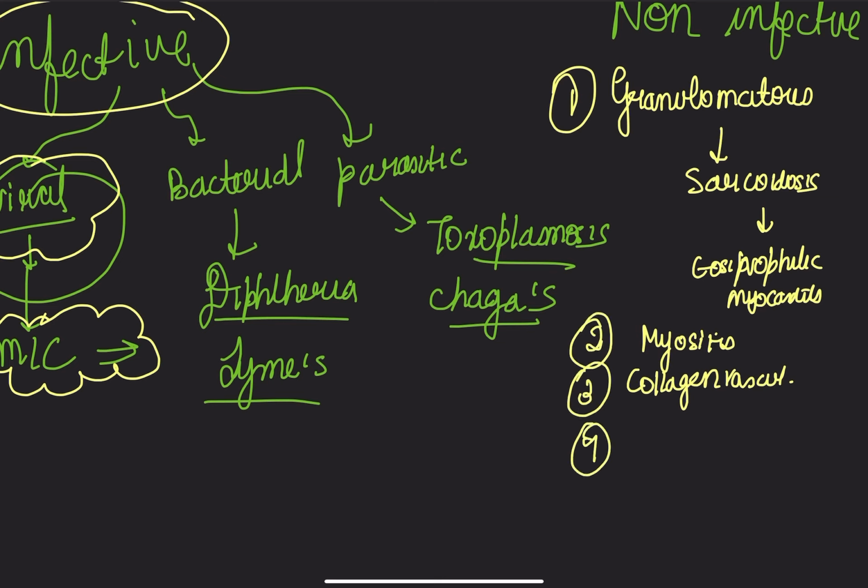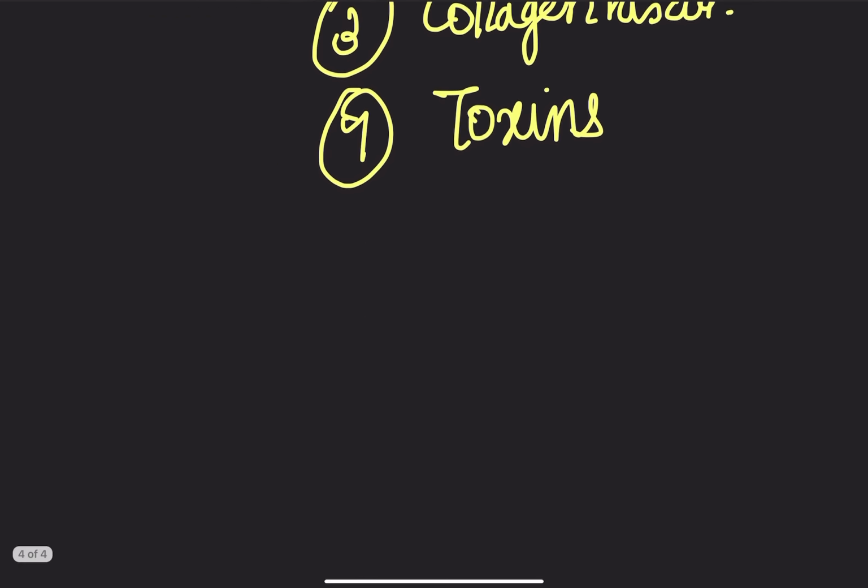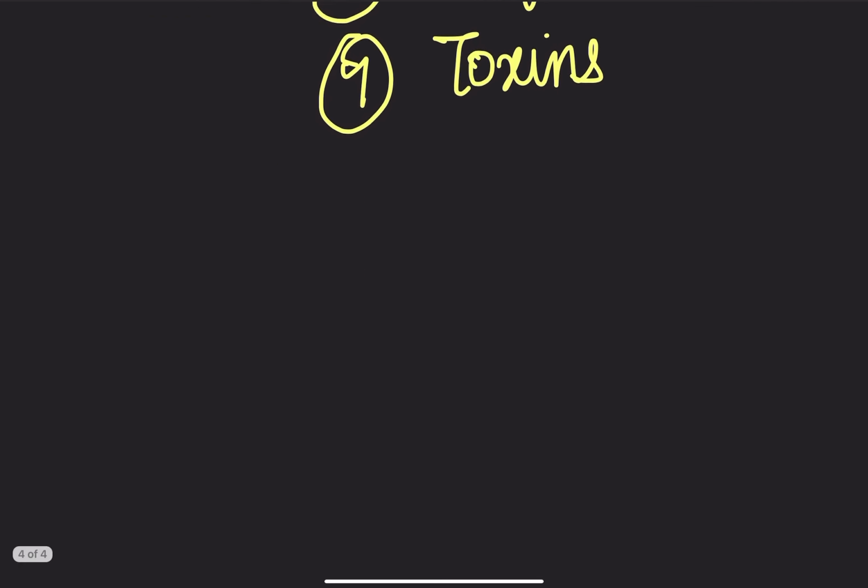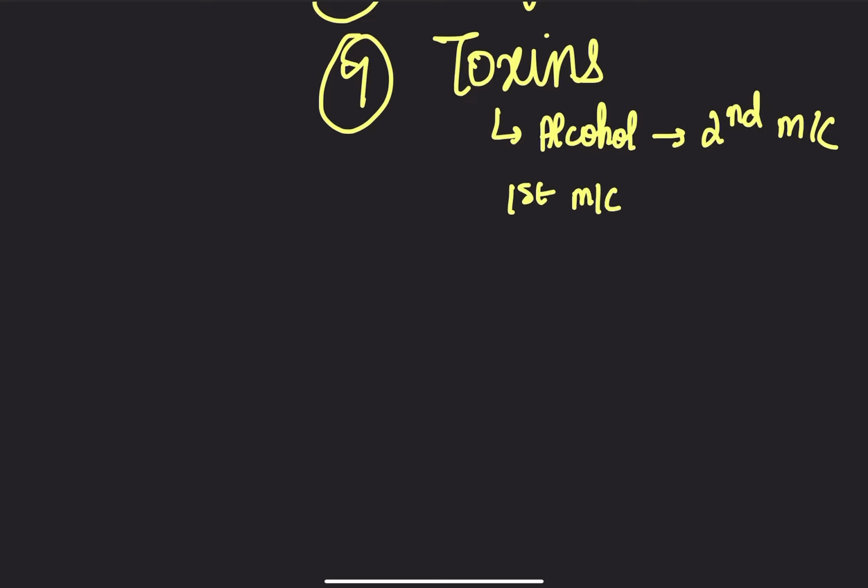Then we have certain toxins as well. So how do toxins affect? One is alcohol, which is the second most common cause. The first most common cause was viral causes. So the second most common cause is alcohol. Other than that, we have catecholamines.